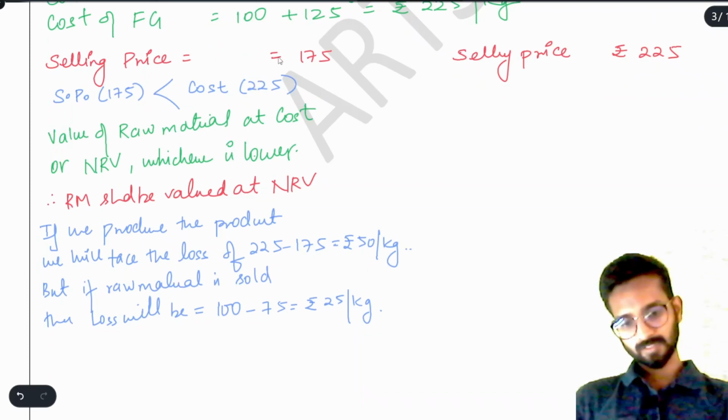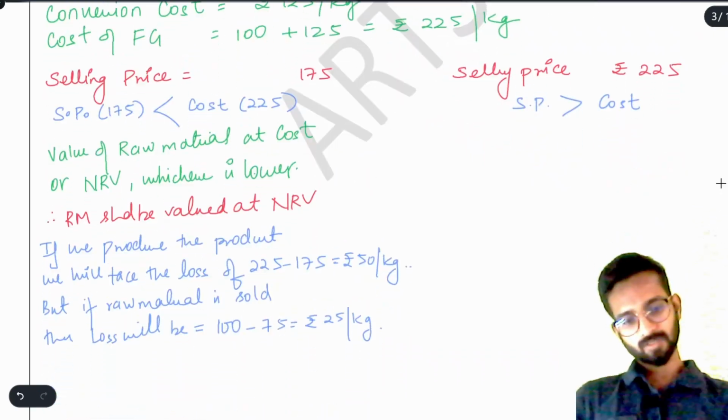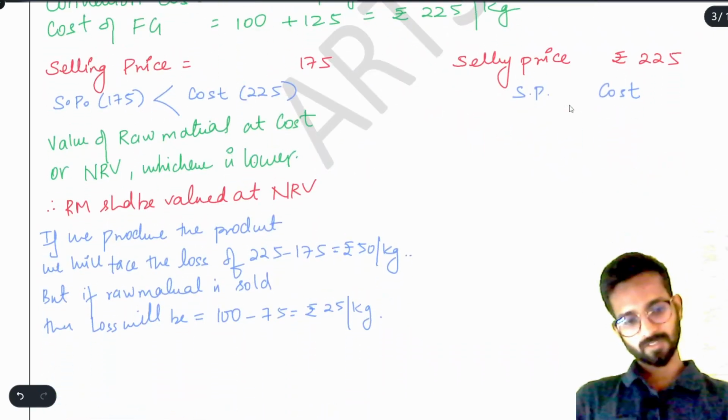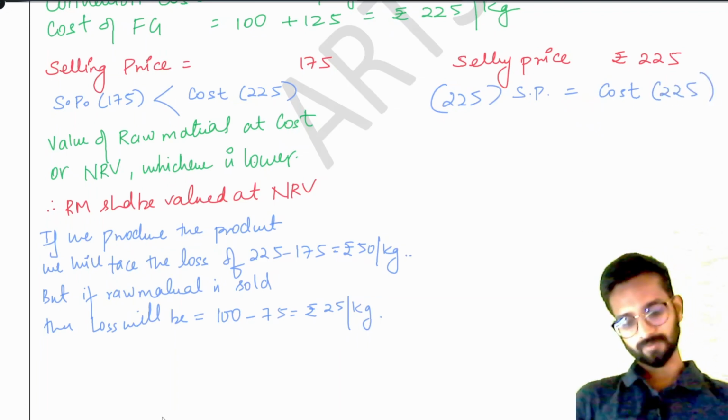Now, what is the second case saying? That when selling price is rupees 225, again you can say that selling price is more than the cost. Cost was how much? 225 only. Okay, it is equal to cost. So you can say selling price is equal to cost, because selling price is also 225 and cost is also 225.